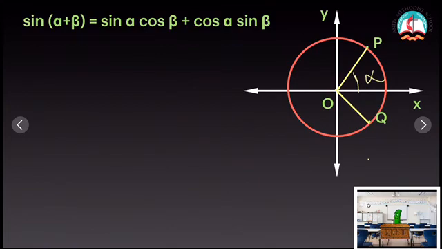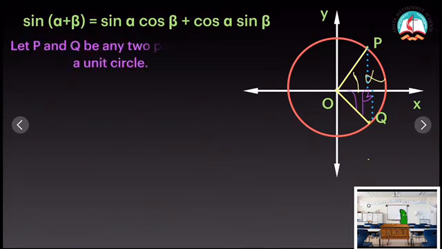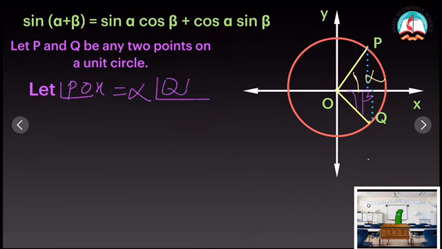Now I draw perpendicular lines from P and from Q. Let P and Q be any 2 points on a unit circle. Let angle POX be alpha and angle QOX be beta.